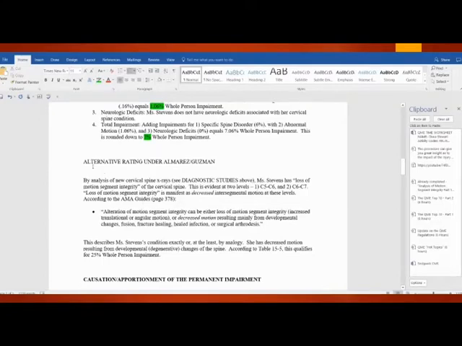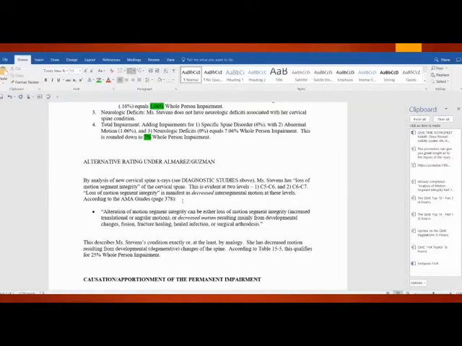Well, here's the alternative rating under Almaraz and Guzman, and let's just read it word by word. It says, analysis of new cervical spine x-rays shows that Ms. Stevens has a loss of motion segment integrity of the cervical spine. This is evident at two levels, at C5, C6, and C6, C7. And in this case, loss of motion segment integrity is manifest as decreased intersegmental motion at these levels.